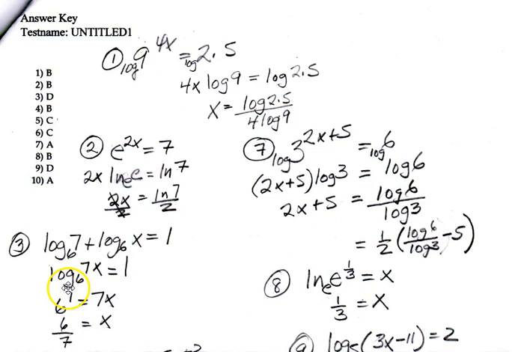And now we're going from logarithmic form to exponential form, where our base is 6, the exponent is 1, our answer is 7x. There you go. So here, 6 to the first is 6. We just divide both sides by 6. X is 6/7.